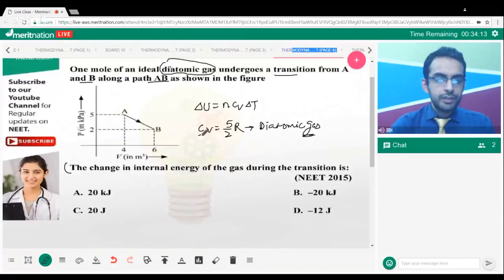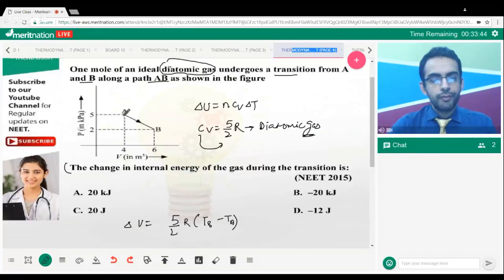So CV is equal to 5 by 2R. So now nCV delta T is the change in internal energy. So we can say delta U is equal to n into, now n is equal to 1 here, 5 by 2 R into delta T. So TB minus TA.